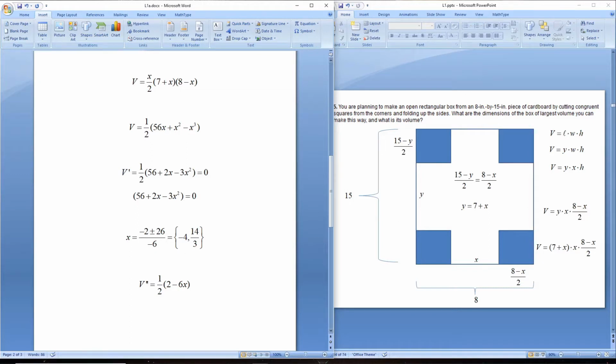So for instance, if we plug -4, take this -4 here, plug it into the second derivative, we'll get 13. 13 is positive, which means this is concave up. So our function is concave up at this extrema point.